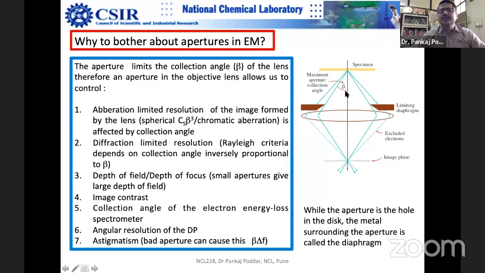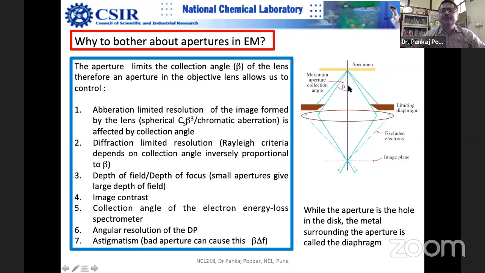This angle has a lot of implications on the resolution, not just on how many electrons you collect. What quality of electrons you get is decided by the aperture. So apertures decide the quality of electrons. For example, you can select what kind of electrons you need.